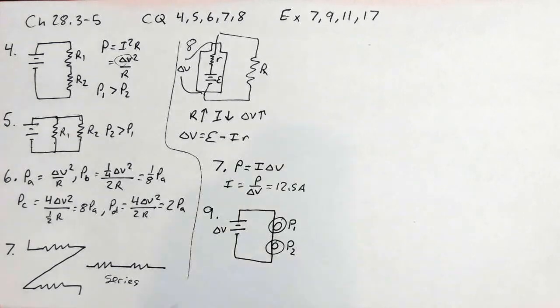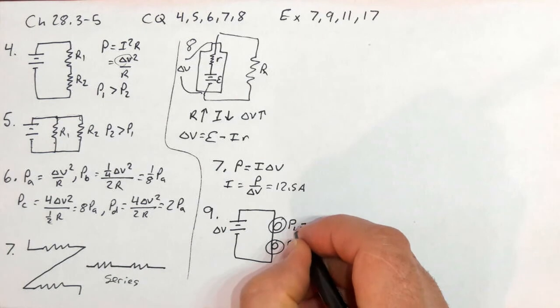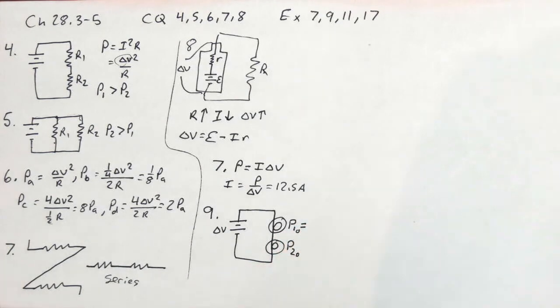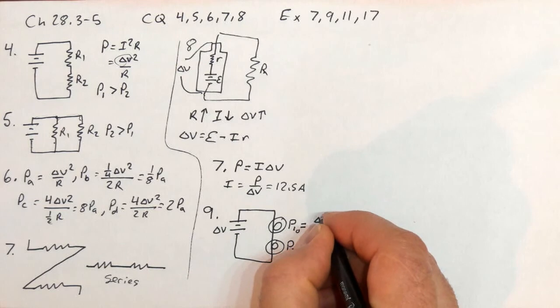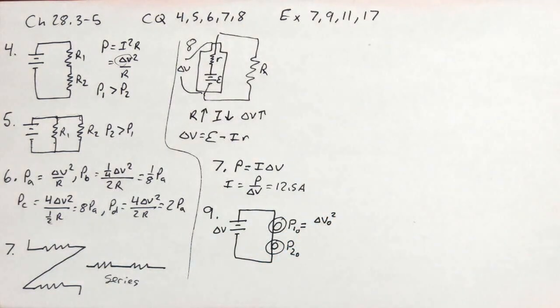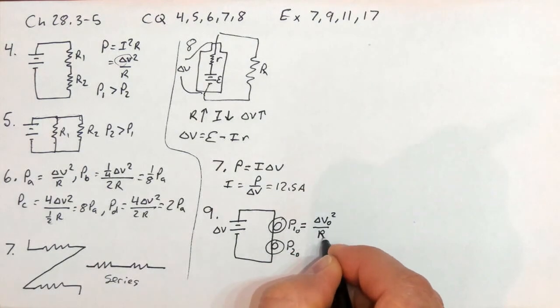That's what the power rating is. But the point is the power that's listed on a bulb assumes 120 volts, and therefore is more so telling you what resistance is there. To understand what the resistance is in these, we need to recognize that these numbers, which I'm going to call P10 and P20, the 60 and the 100, are equal to delta V squared over R. That is assuming a standard household voltage across it alone divided by its resistance.